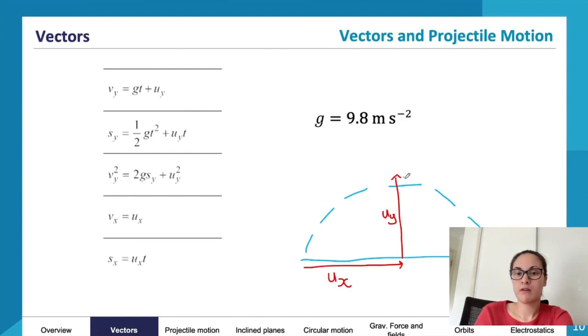So now it starts turning the other way after that halfway point. So this is Vy, so that vertical velocity changes its direction. And then we've got that horizontal velocity.